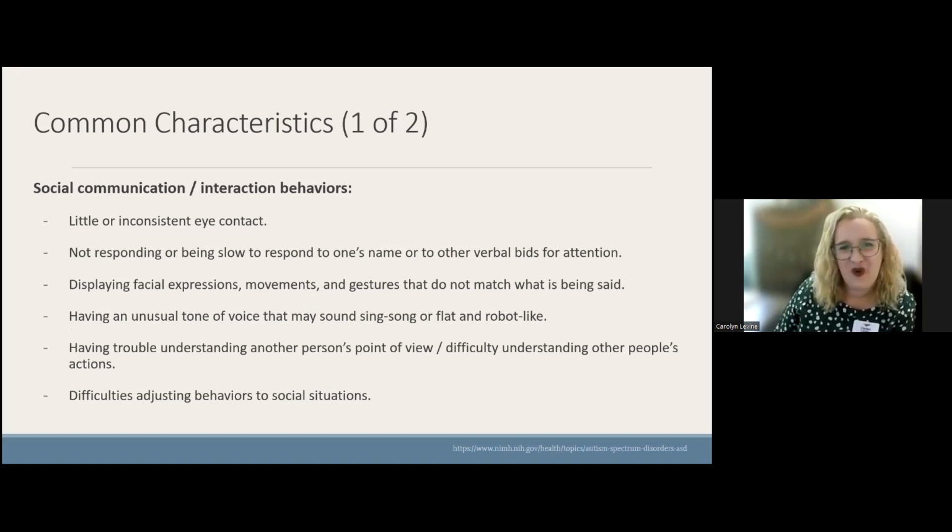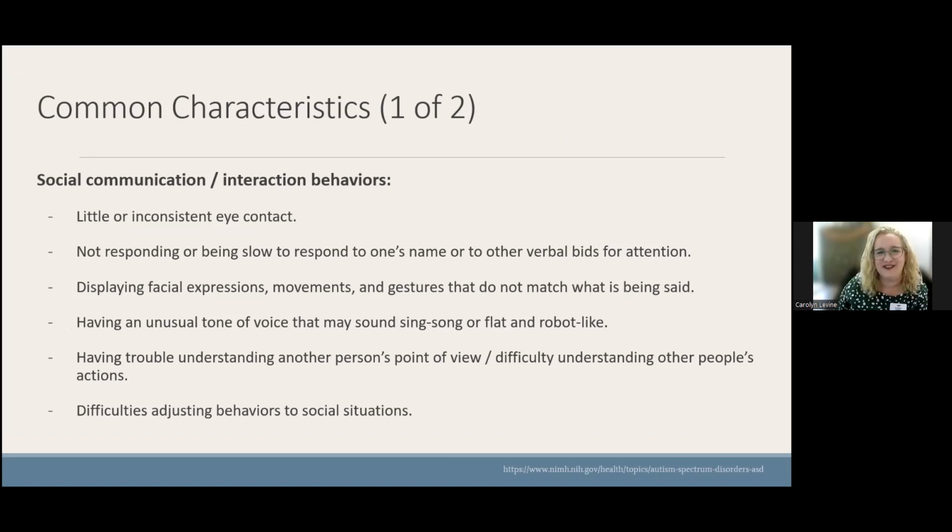So talking a little bit more about those common characteristics of ASD diagnoses. The big one, social communication and interactive behaviors: little or inconsistent eye contact. That's probably the one that people know the most or is the most easily recognizable. This could also look like not responding or being slower to respond to verbal instructions, displaying facial expressions and gestures that don't really match what's being said.